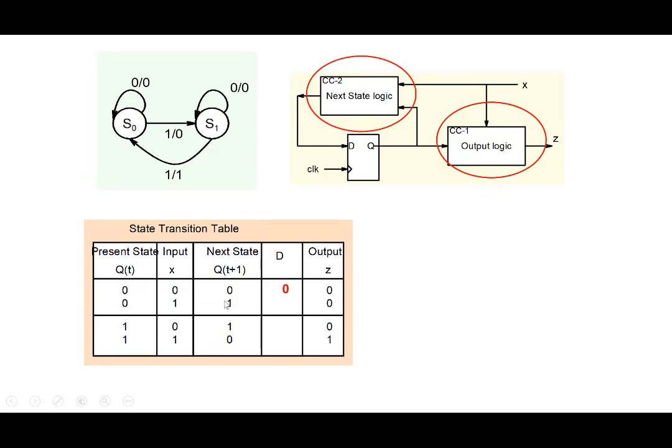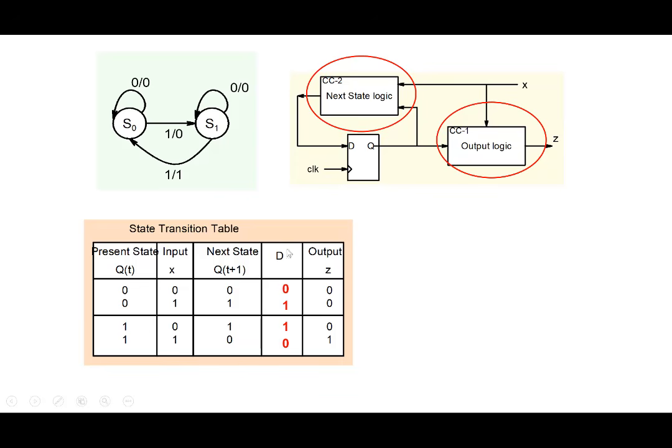Now you want to go from 0 to 1, so the input D should be 1. You want to go from 1 to 1, so D should be 1 here. You want to go from 1 to 0, so D should be 0 here. So now we can design the next state logic. Remember, this is a combinational logic. Its output is D, and its inputs are X and the present state.